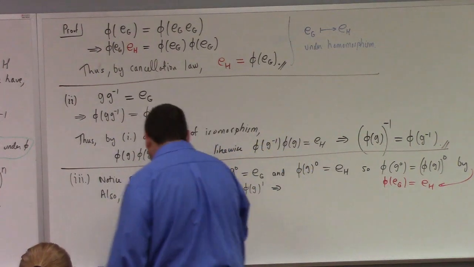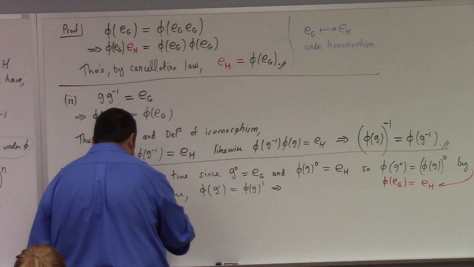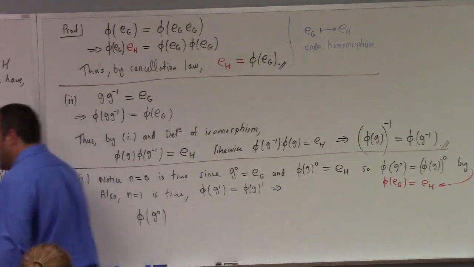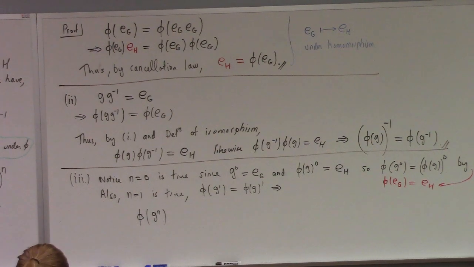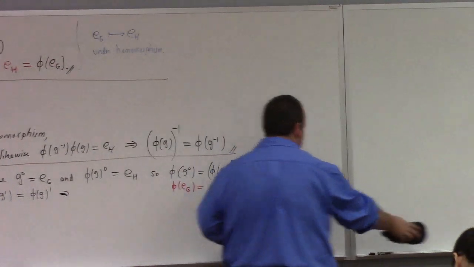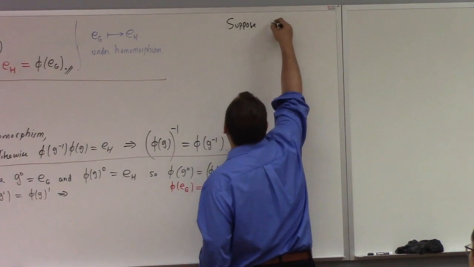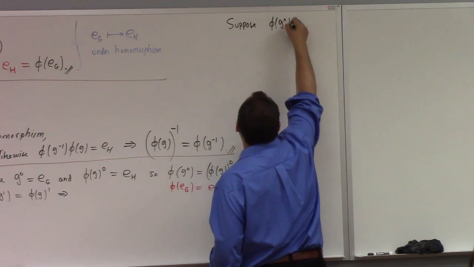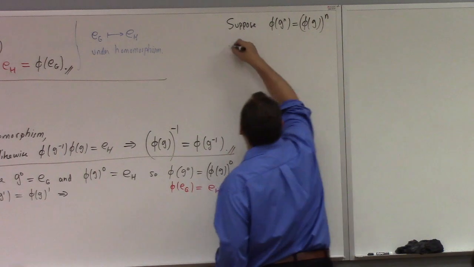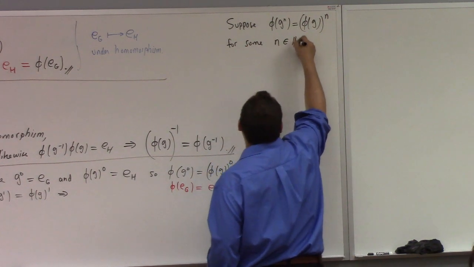So, phi of g^n. So I think we need induction here. You know what I should do? I should stop working here and start working there so I don't go crazy. So suppose that phi of g to the n is equal to phi of g, parentheses, to the n for some n in the natural numbers.